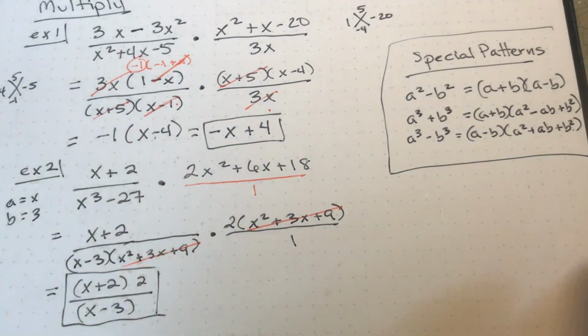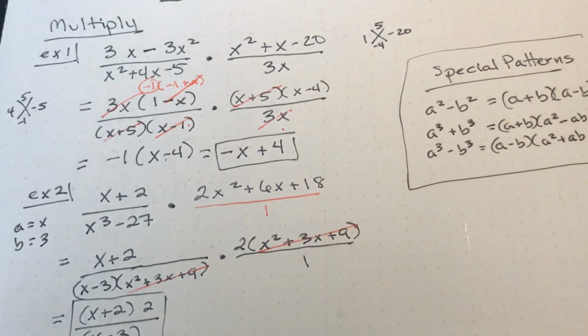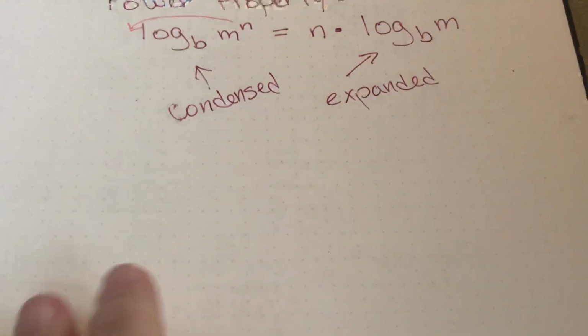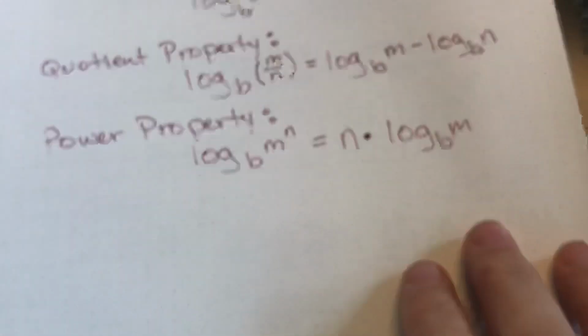All right. Now we're just going to do a little division and then we'll call it good. Oops, looks like I need some space.